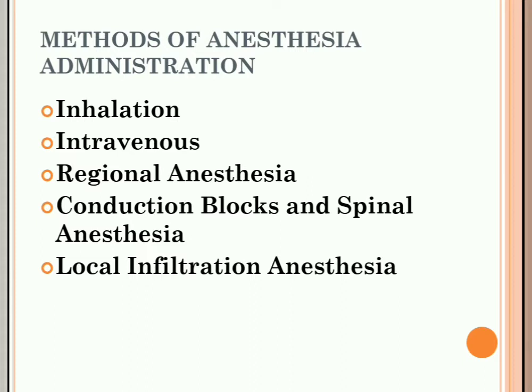Now, these IV medications will be administered for initiation, or during the induction of anesthesia, and can also be used for maintenance of anesthesia. It can be used together with inhalation or it can be used alone. So it can be intravenous anesthesia only.